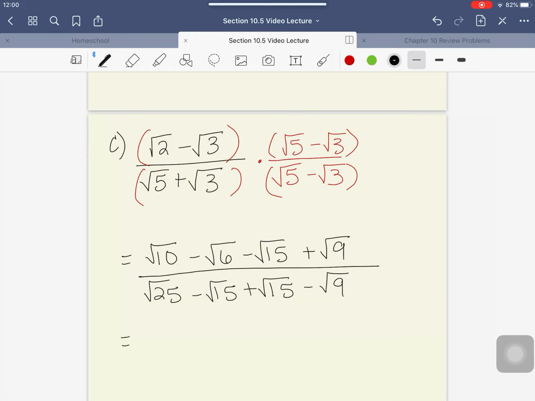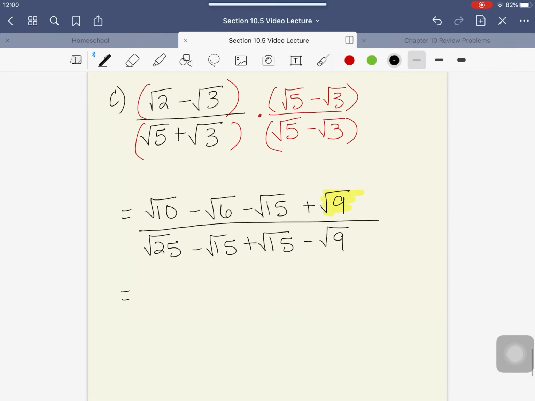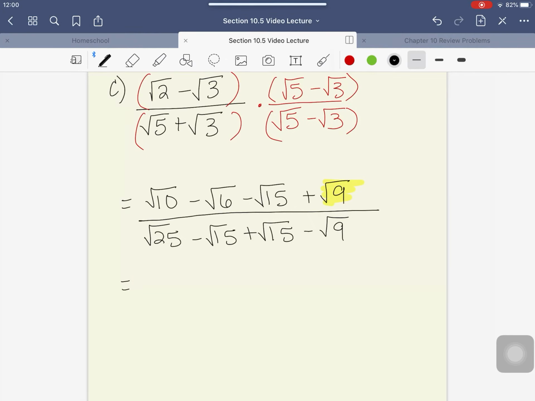All right, let's see if we can combine anything in the numerator. It doesn't look like we can do anything other than take that square root of 9, which is 3. So in the numerator, it'll be the square root of 10 minus the square root of 6 minus the square root of 15 plus 3.